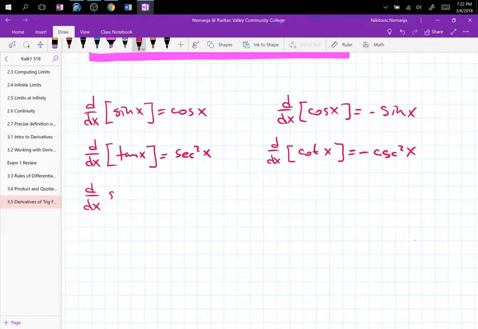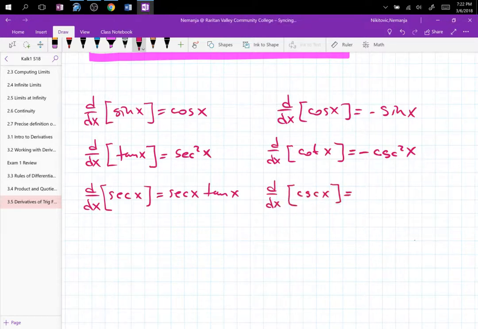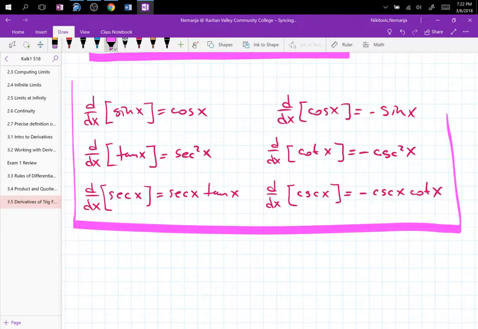The derivative of secant x is secant x tangent x, and the derivative of cosecant x is negative cosecant x cotangent x. All of them in one chart.